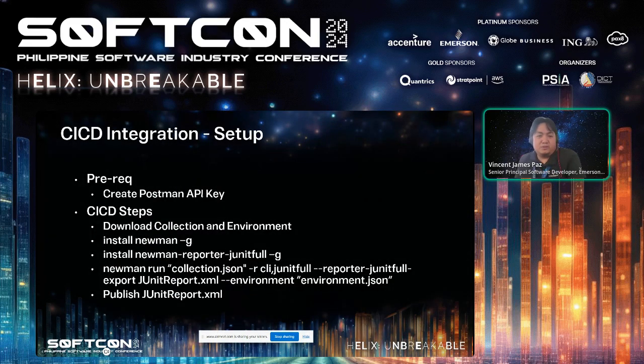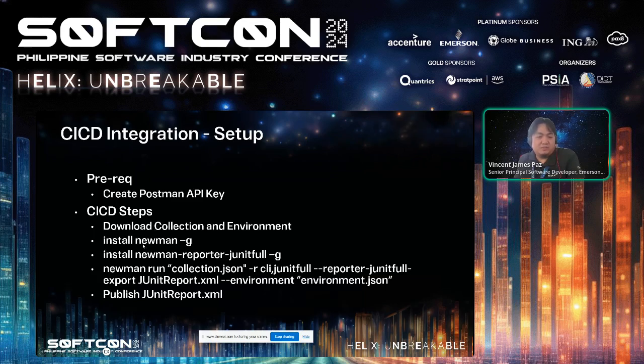So when you have this API key, you can then create a CI/CD pipeline with the task that will download the collection and environment and then install these. These two are npm packages, by the way.